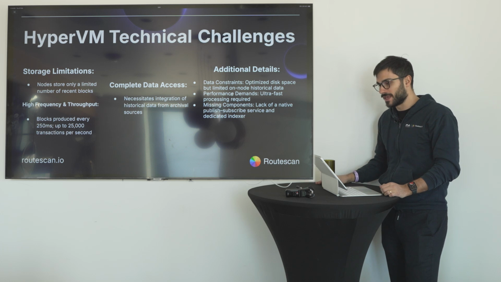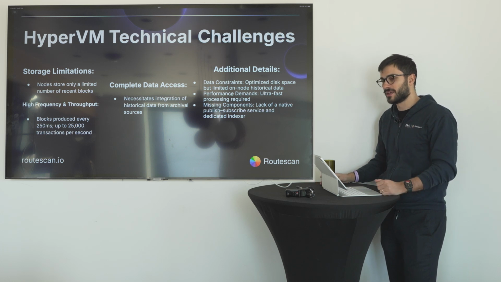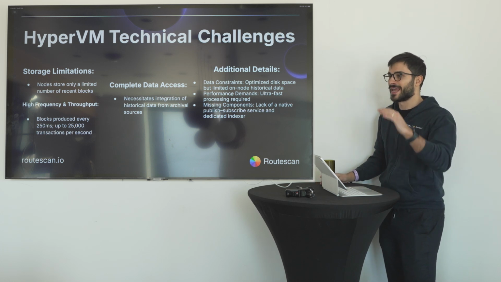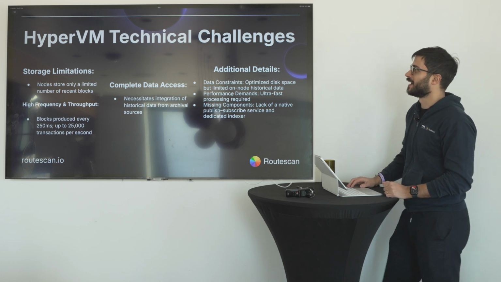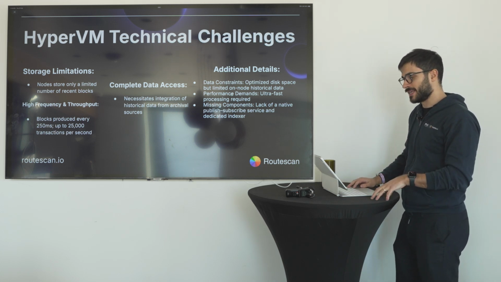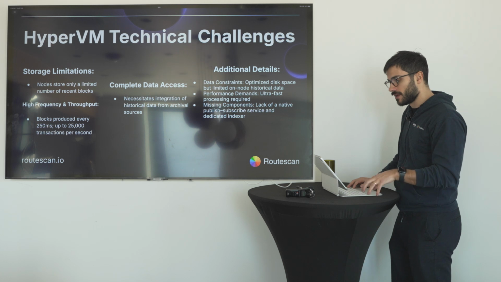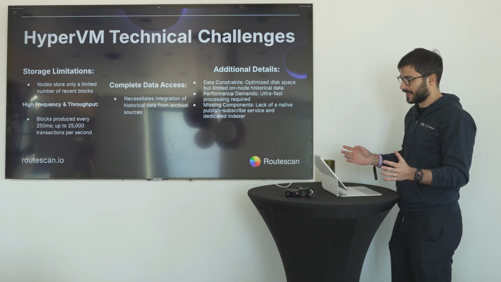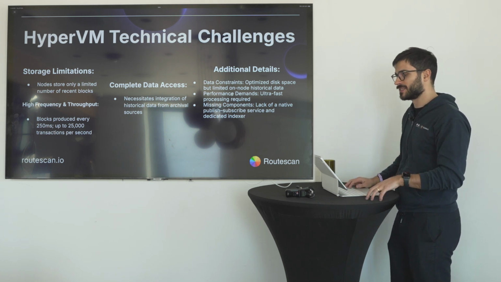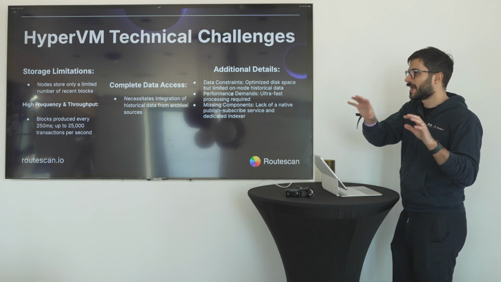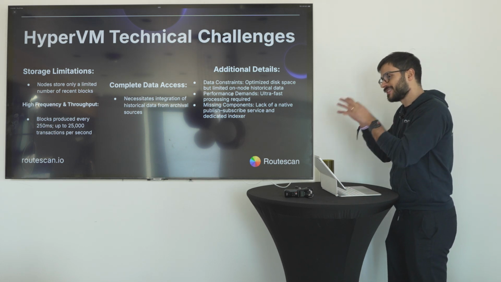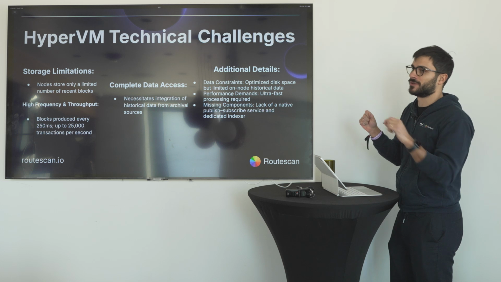But the problem with an ultra high throughput VM is that you cannot even ingest them. We have done tests, and we saw that our indexer, or in general any type of indexer, could only withstand 5,000 TPS. Other than that, you cannot physically get them all in real time.